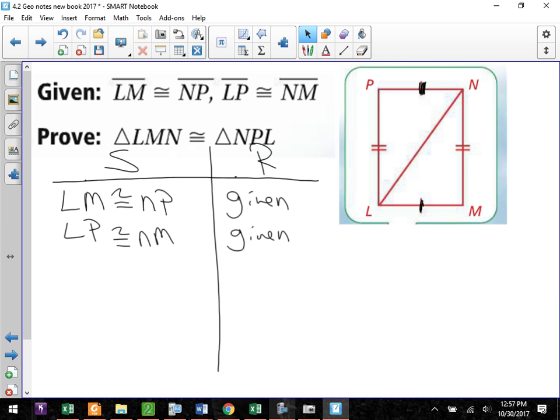So now you start thinking about ways that we know how to prove a triangle congruent. Well, we only know two, well, three, but we're not going to go through and try and prove all the parts. We know two ways. It's either three sides are congruent, or two sides and the angle in between. Is there anything in the given statements or anything in that diagram that you can infer that angle P and angle M are going to be equal to each other?